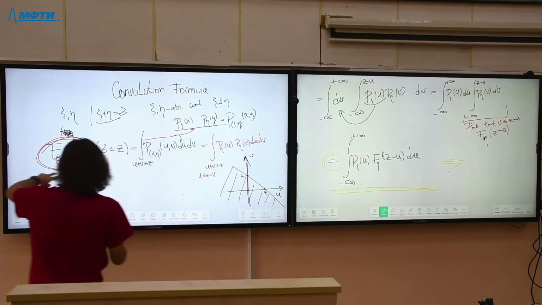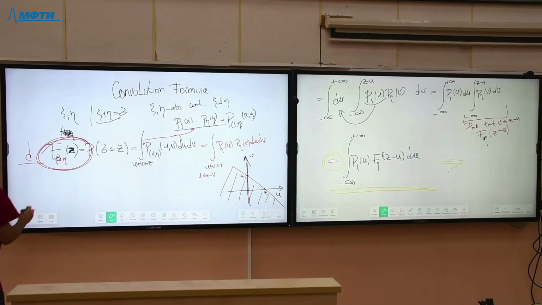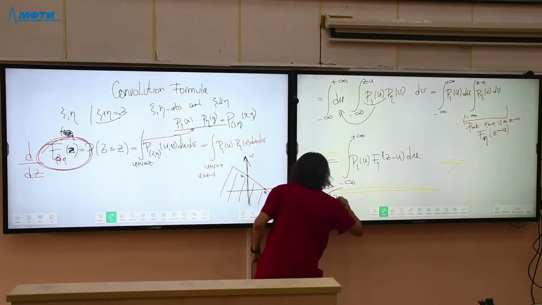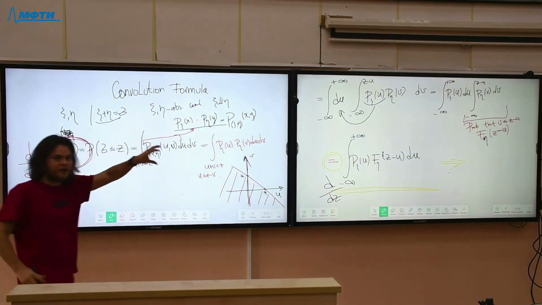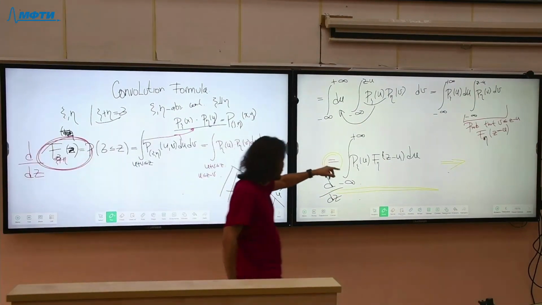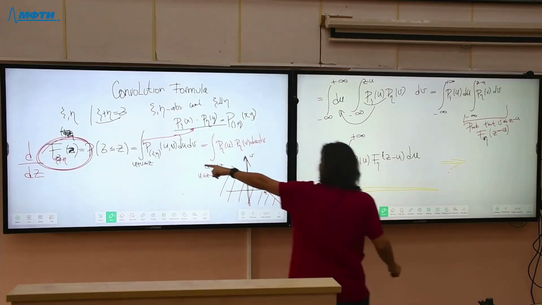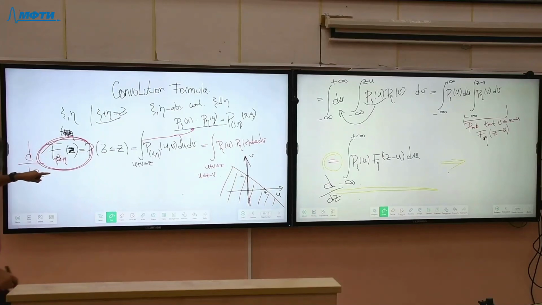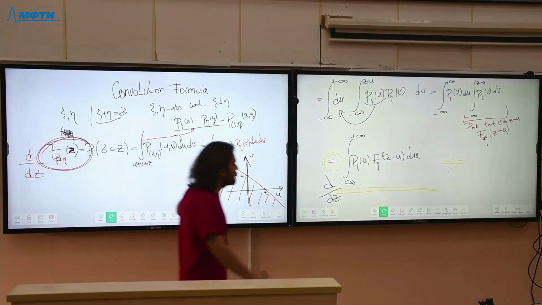It is only if F is differentiable, and then we get the PDF of this new random variable.